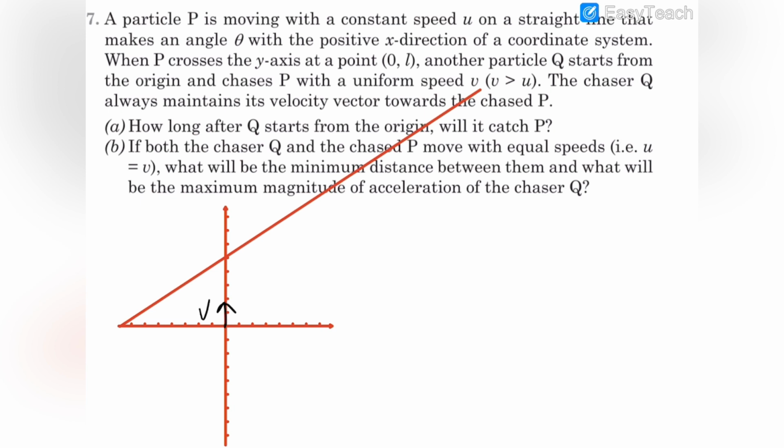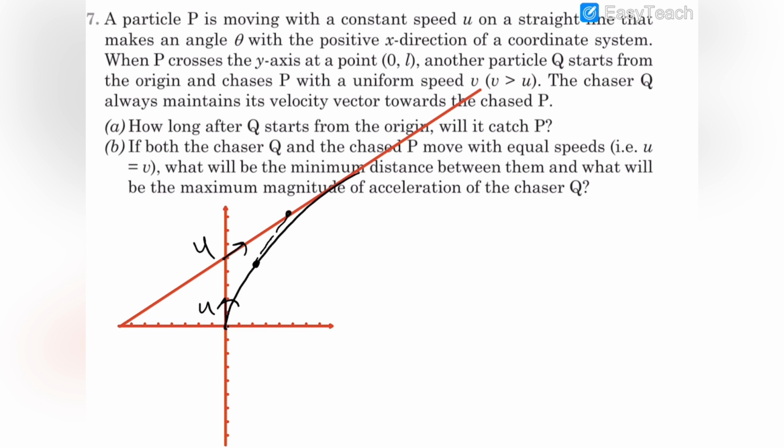This is V, and in fact they both are U, so this is also U. At any instant of time, if it is chasing this one, this would be the direction, and it would not be able to catch the particle because their speeds are equal.